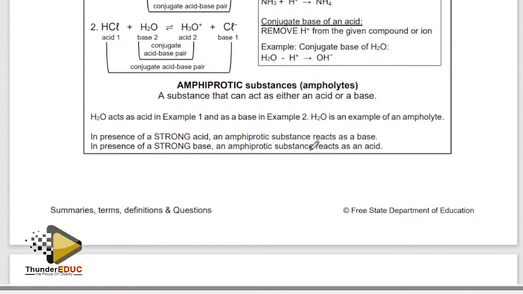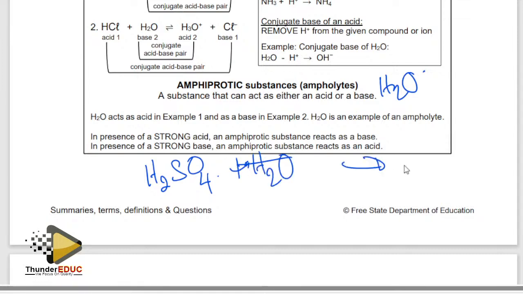Amphoteric means a substance which can act as both an acid and a base. A basic example is water. But sometimes they can bring a question like sulfuric acid plus H2O, and you form hydronium ion plus hydrogen sulfate. So now the water can act as a base and the acid at the same time, and you have to know which one.